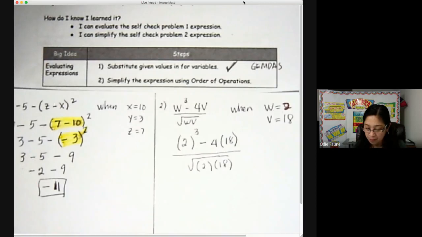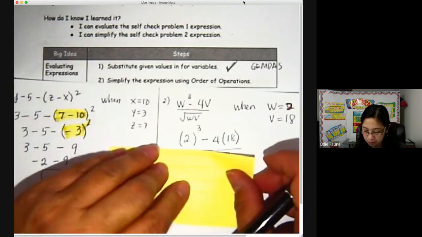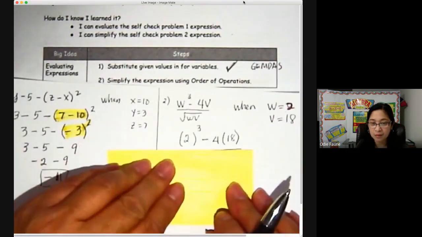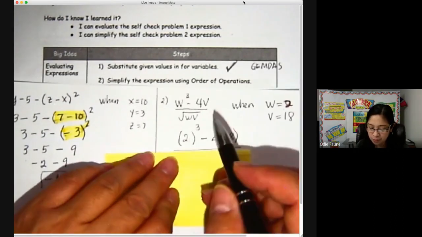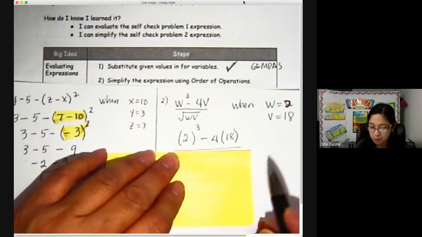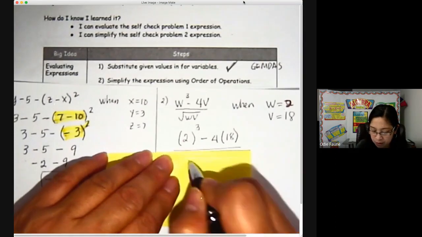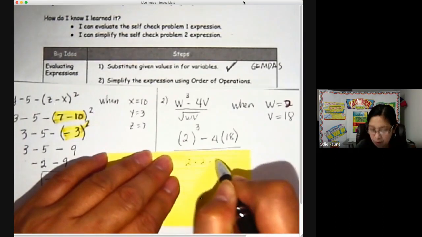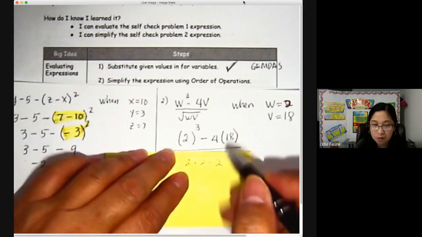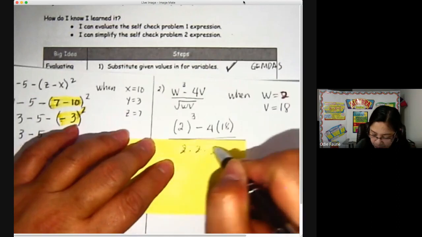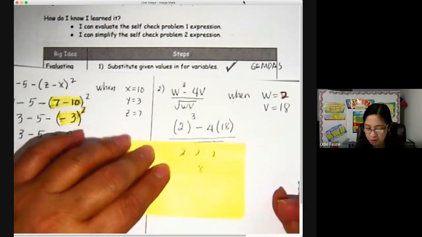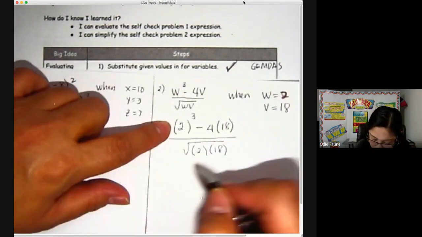So let us do the top first. We have here, what is 2 to the third power? 2 to the third power is 2 times 2 times 2. So 2 times 2 times 2 is equal to 8. So the top is 8. This is 8.